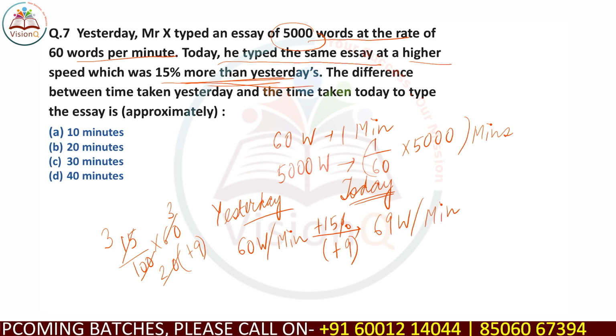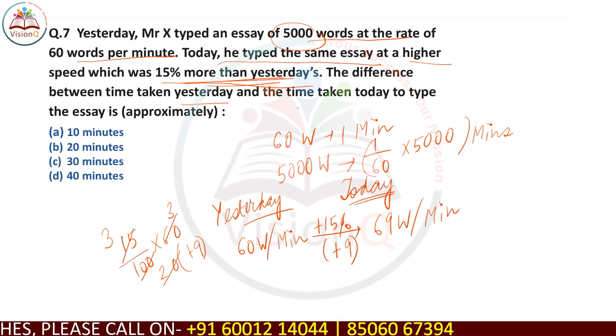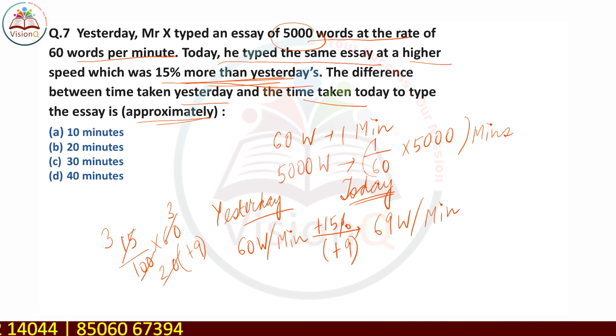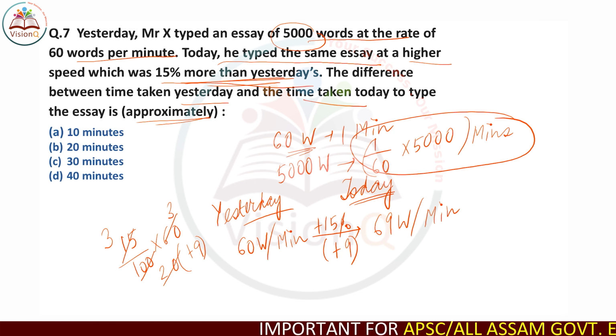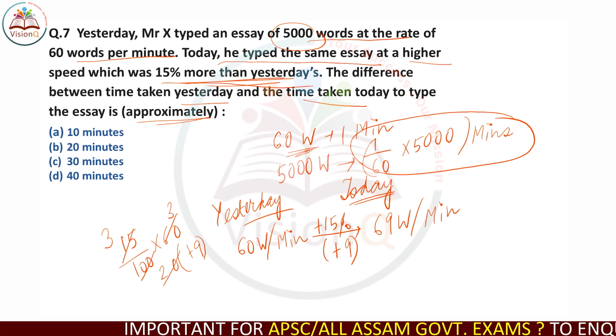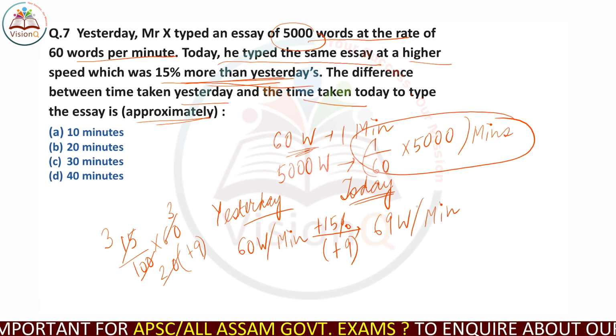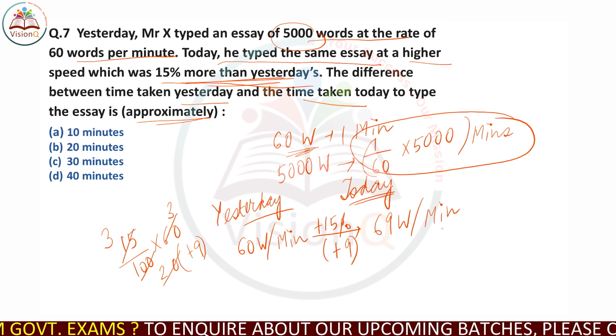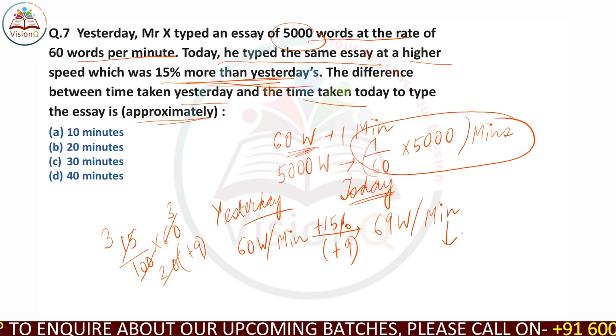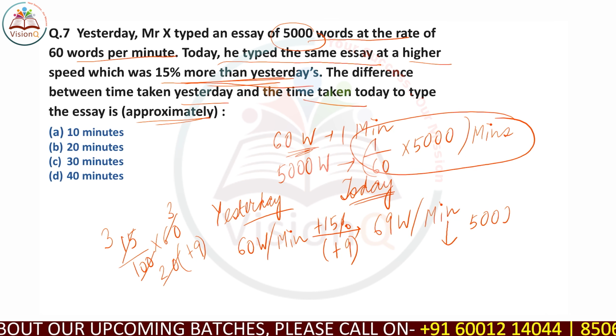Now difference between time taken yesterday and time taken today to type the essay is approximately how much? Okay, difference of time taken yesterday. Now already I have found out the time taken yesterday. This much time was taken yesterday at this speed. Now today the speed of the person is what? 69 words per minute. So if the speed is 69 words per minute, the time taken will be how much? 5000 by 69.